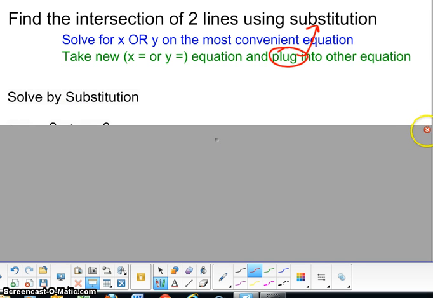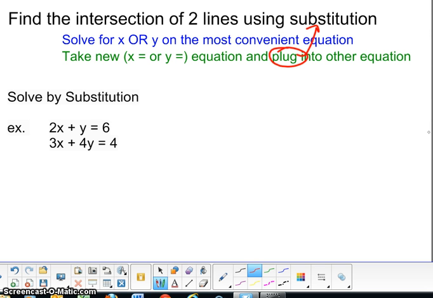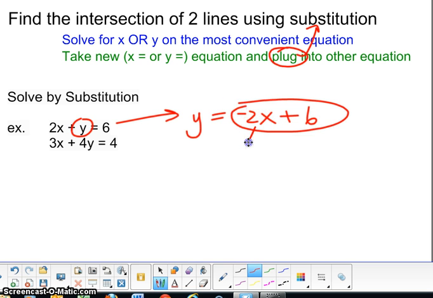Okay, so let's go ahead and look at the first one. For substitution, we're going to solve for y, because that would be the most convenient. What I mean by that is that you're not going to get a fraction. So y equals negative 2x plus 6, and that's going to replace the y in the second equation.